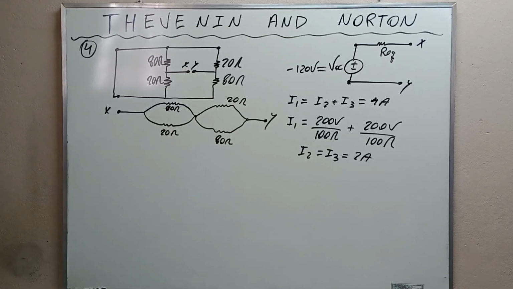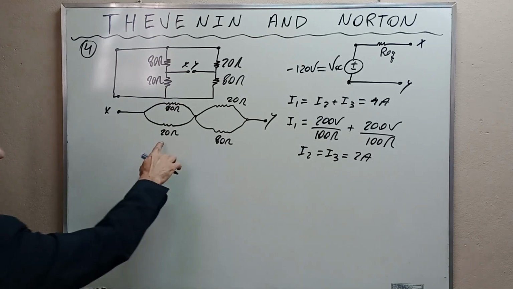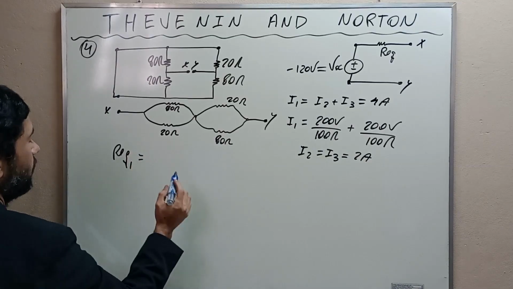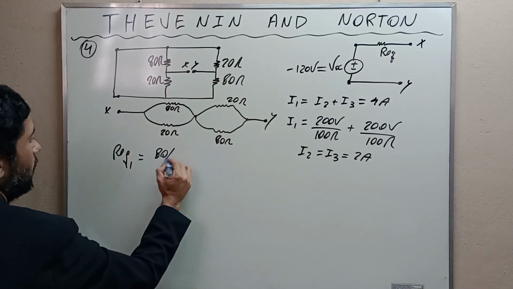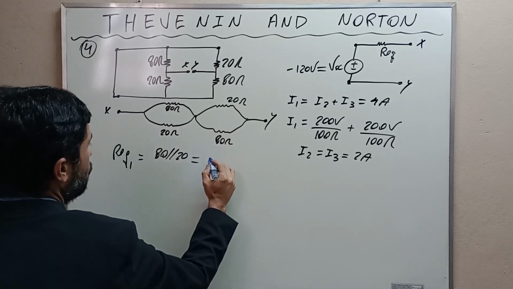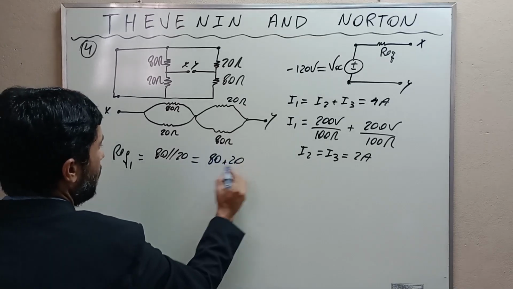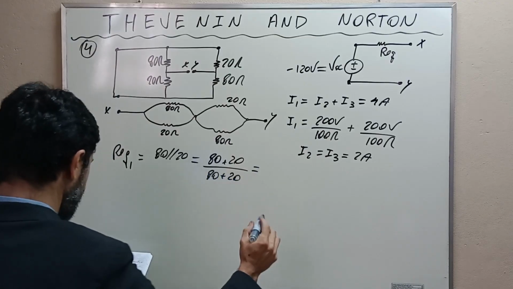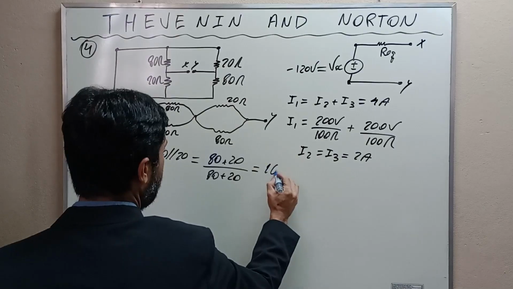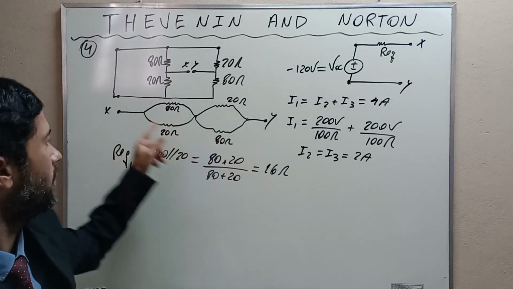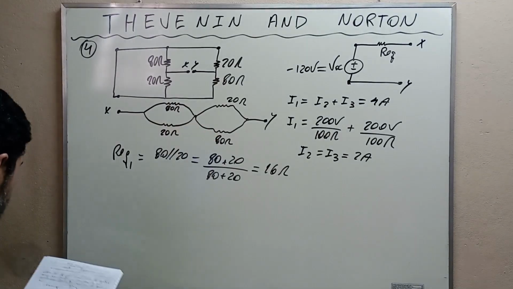The parallel combination is this. The parallel combination between these resistances, the first equivalent resistance will be 80 in parallel with 20, and this is equal to 80 times 20 divided by 80 plus 20, and this is equal to 16. Okay? We have 16 here and 16 here.